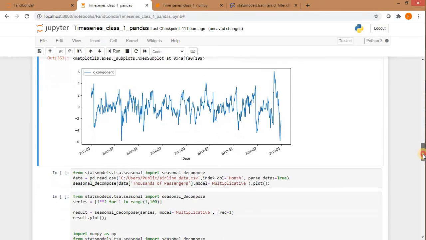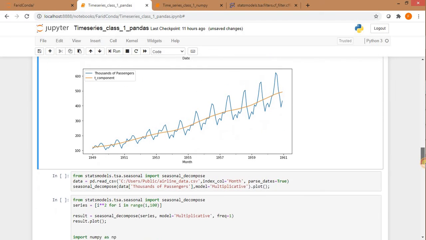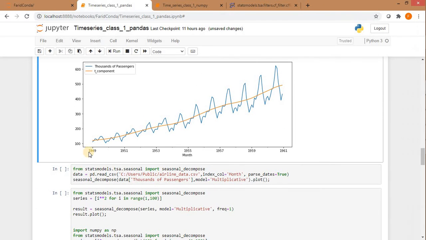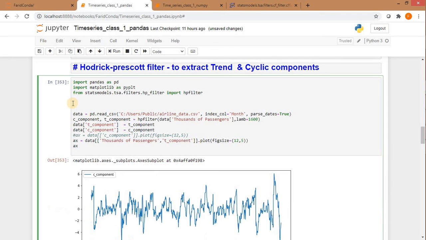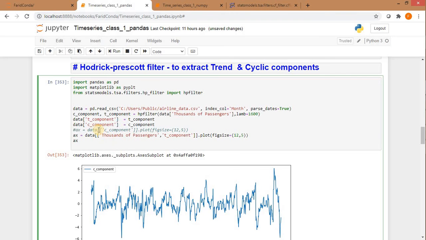Okay, this is the first graph. Yeah, this is the second graph. See, this is the trend of the airline passengers data, and let's observe here. This is the trend data, and let me print. Let me remove this from here. Let me plot.